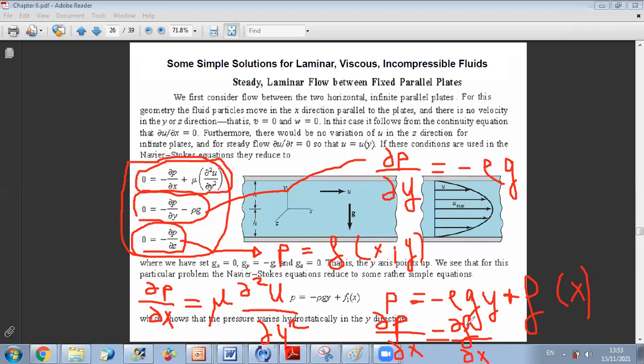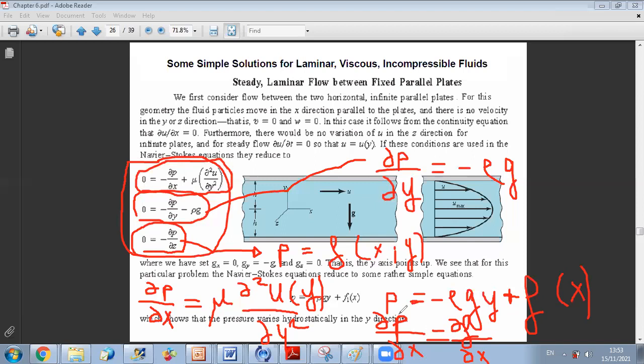So if I look at these two expressions, I will obtain something that is in contradiction with each other. Why? Because here in this equation, del p by del x is mu times the second derivative of u with respect to y, and u is only a function of y. This means that del p by del x is a function of y. And from the other relation, I have that del p by del x is the derivative of a function that is only a function of x.